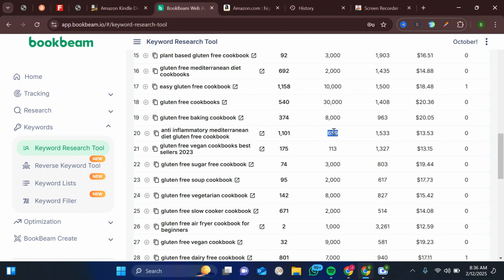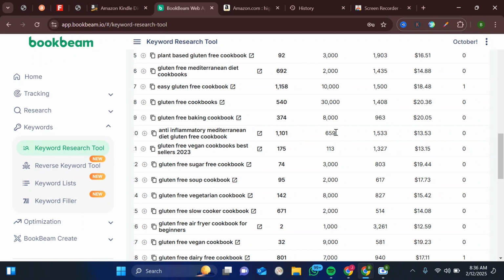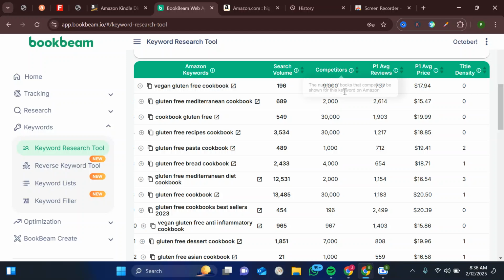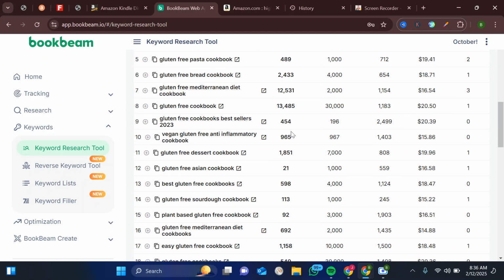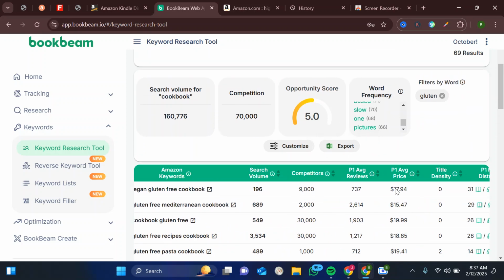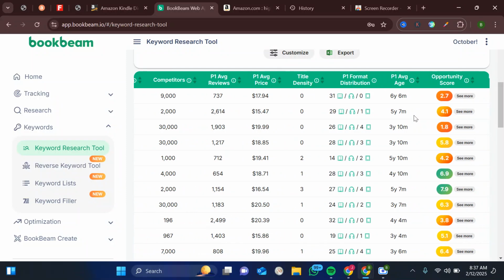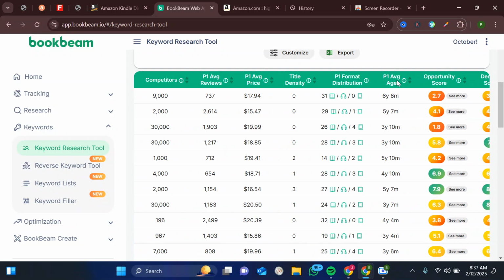To know if this is actually a good one, after we have checked the search volume and competitors, we also check the average price, then the average age of the books under this particular category. The older the books, the easier for us to tap into that keyword.